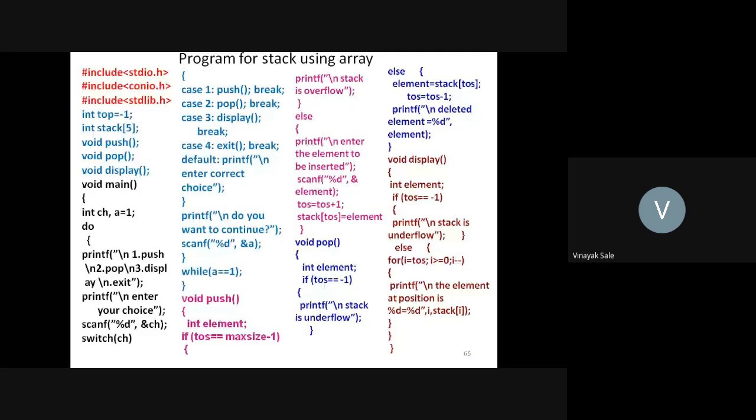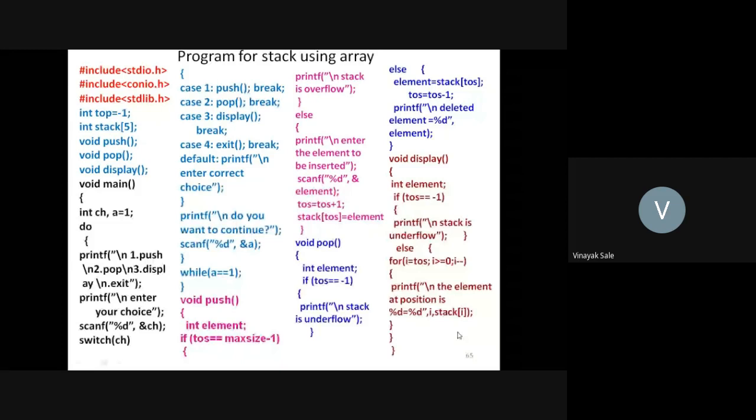If this condition is not true, then display the elements one by one from the stack. This is the code for stack using array. See the code once again.